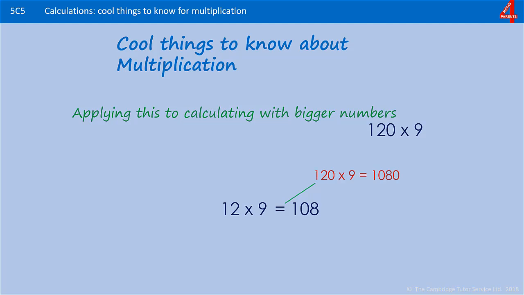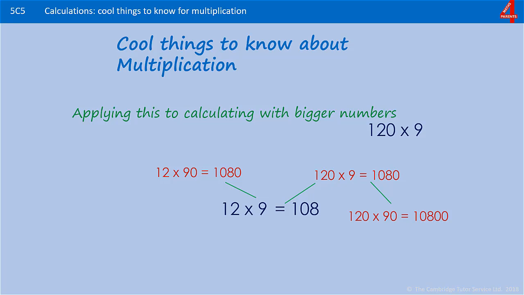Which is 1080. If this time we keep the 12 and we multiply the 9 by 10 to make it 12 times 90, our answer is going to be 10 times bigger than 12 times 9. That will be 1080. Once you're able to do that, you can then understand how to make the numbers even bigger.